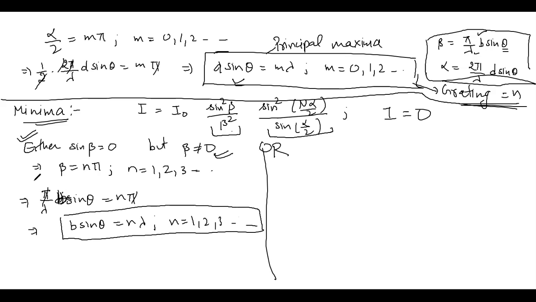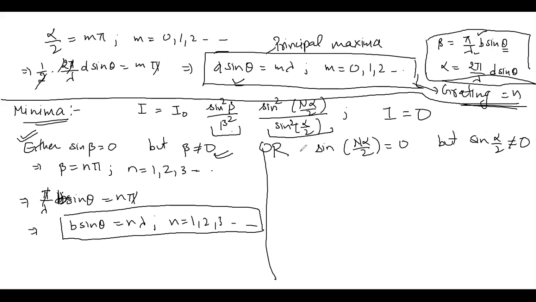This was the one condition, or the second condition would be if your sin N alpha by 2 is equal to 0, but your sin alpha by 2 should not be 0.